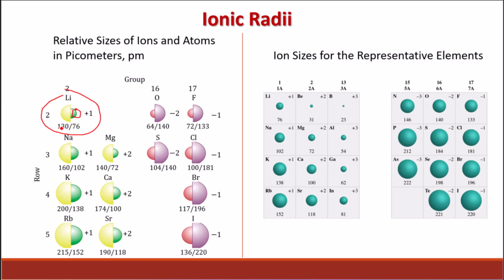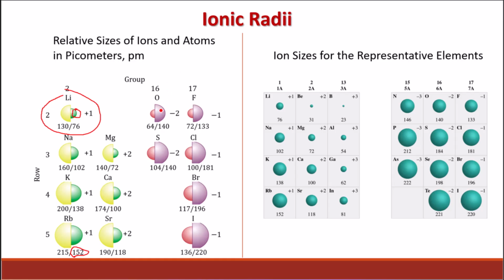The difference is 130 picometers versus 76 picometers. That's pretty dramatic. You can go on down here to rubidium, where the atom is at 215 picometers, and the cation, after losing the electron, is 152 picometers.